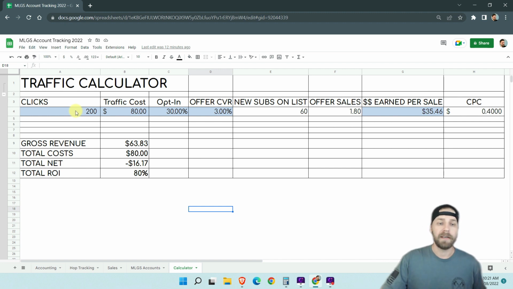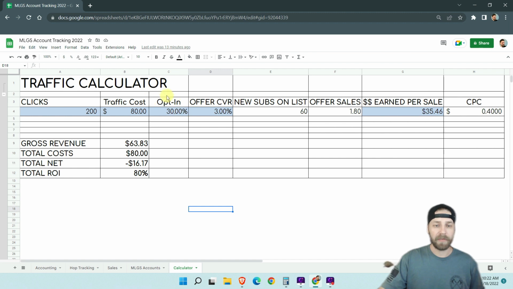That could be a capture page, or it could go directly to the sales page, depending on where you're advertising. So this is the clicks or the hops on your ad, and then the cost it takes to pay for that advertising source.